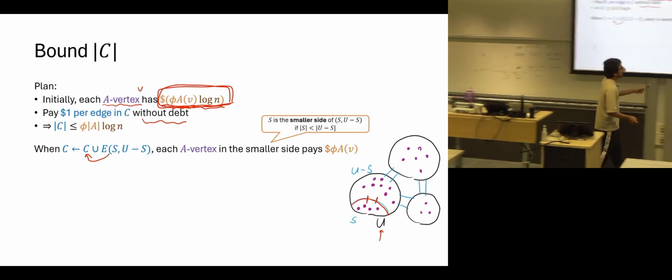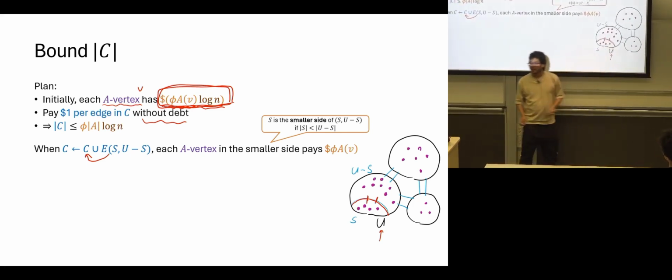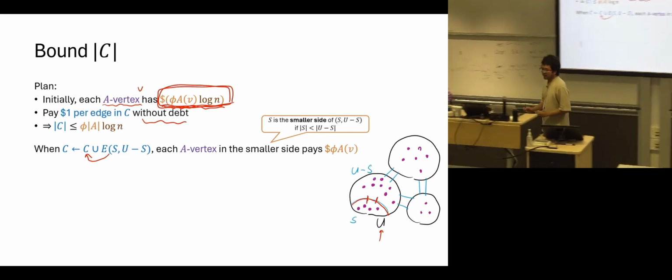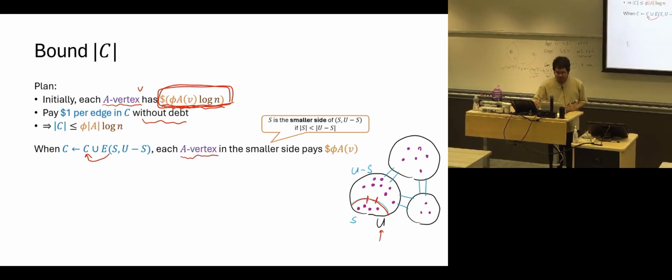These are the new edges in C that I need to pay for. I let A vertices on the smaller side of a component pay for this.